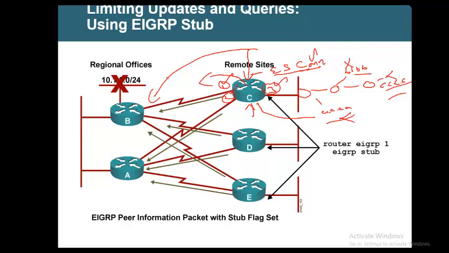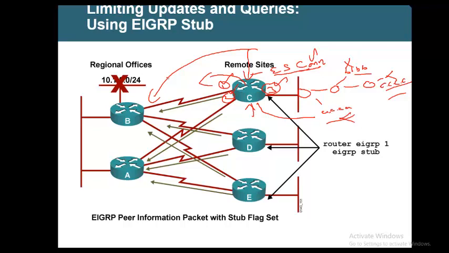In the real world, we do summarization and we want to advertise only the summary route. This is a very good option. Do summarization and then tell the router to advertise only the summary. Don't advertise any detailed route.